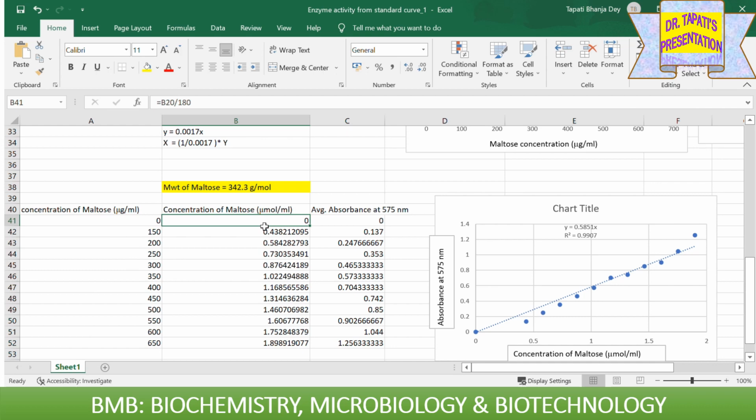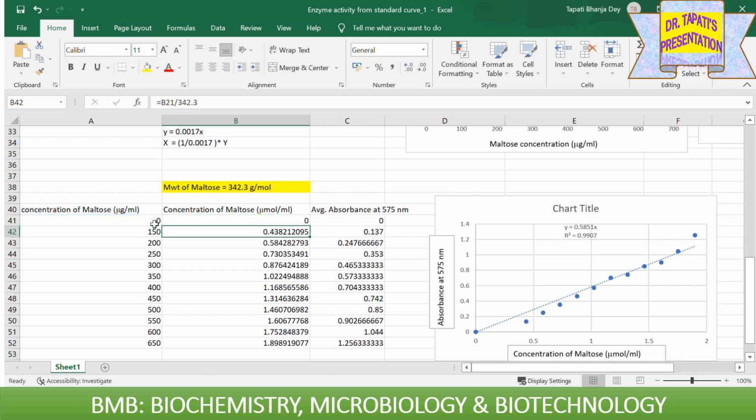In order to do that, we have to divide this value by the molecular weight 342.3.